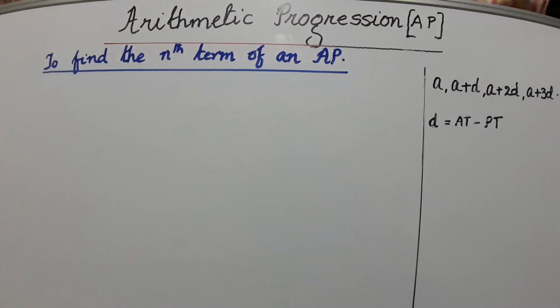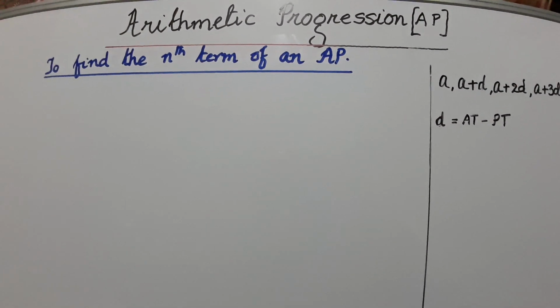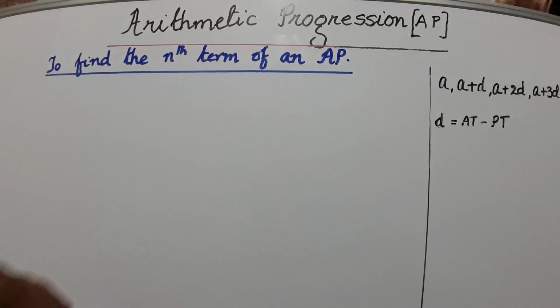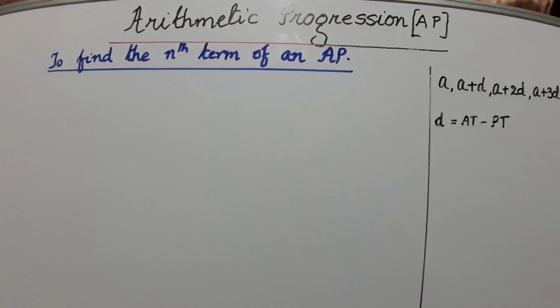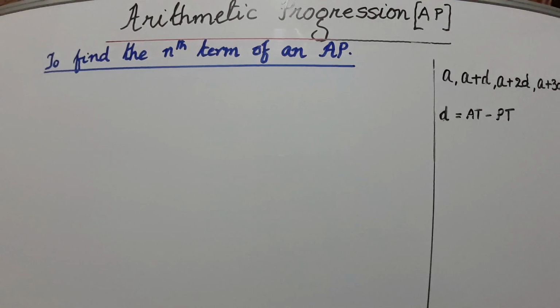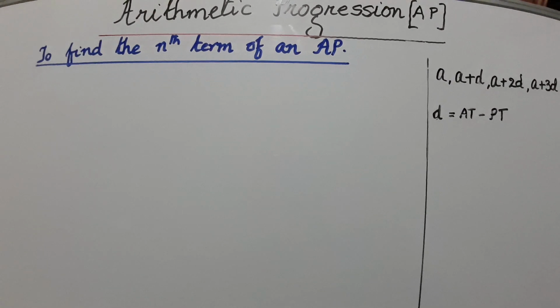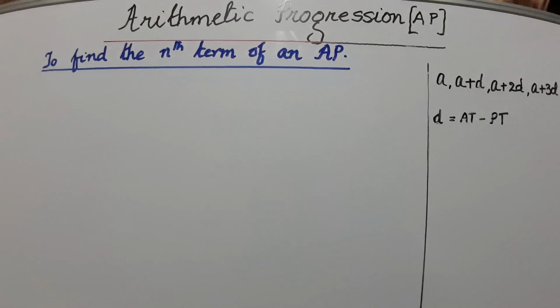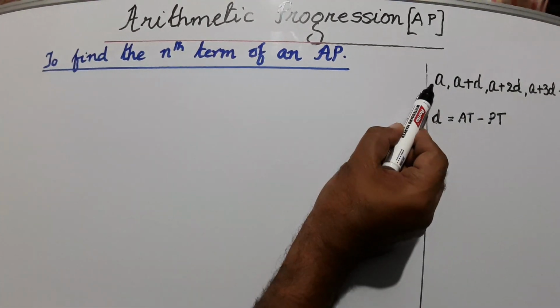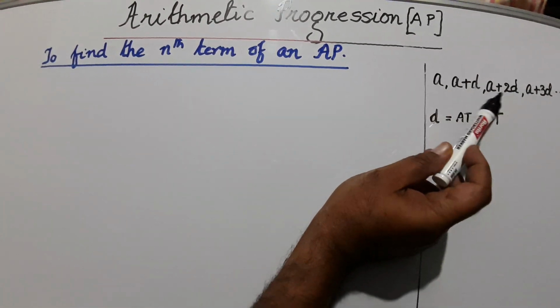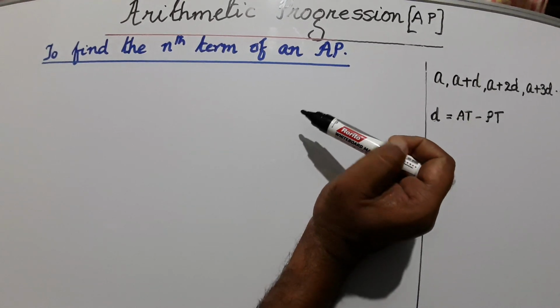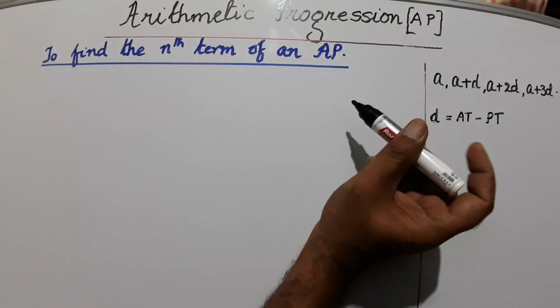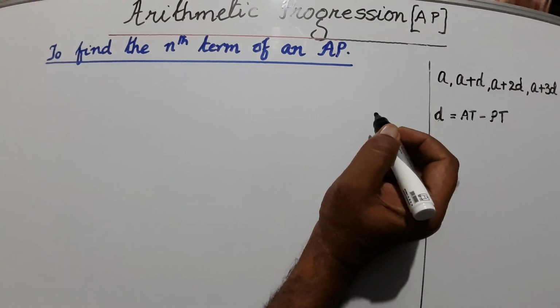Dear friends, in the previous episode, we learned what an arithmetic progression is and the general form of an arithmetic progression. That is a, a plus d, a plus 2d, a plus 3d, etc., where a is the first term and d is the common difference.